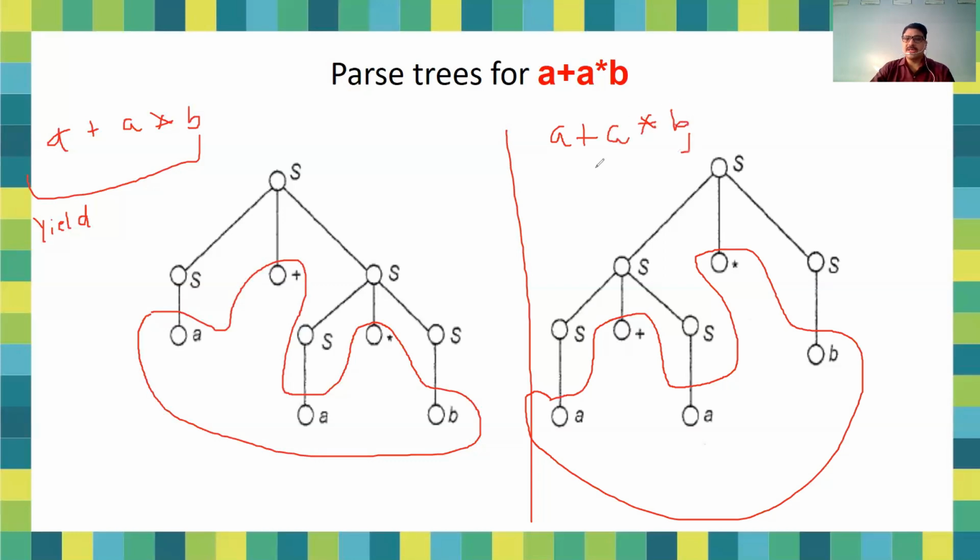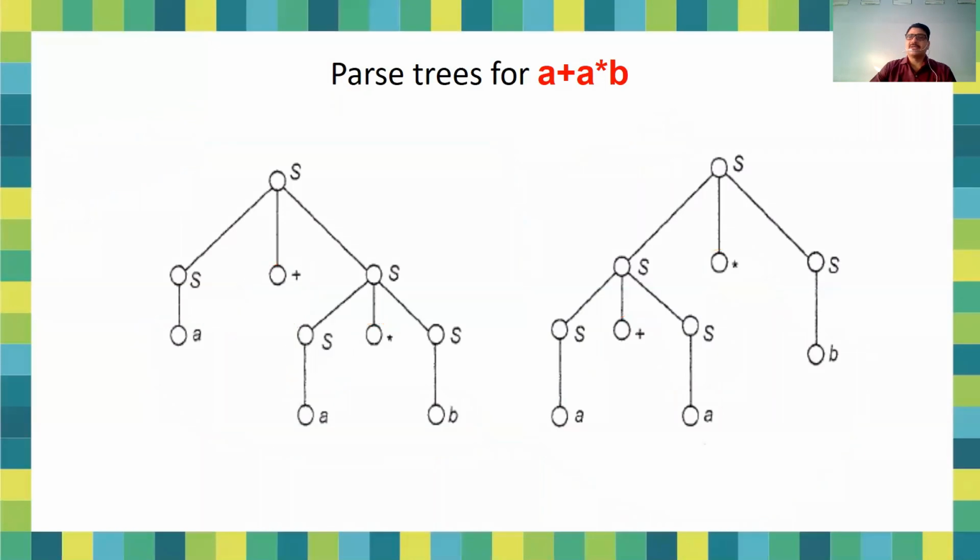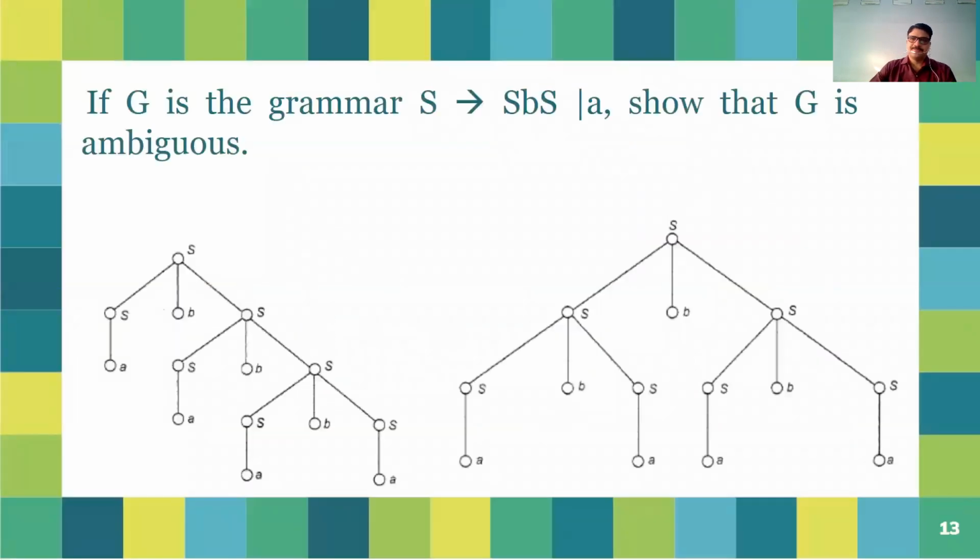So from both the parse trees, you will get the same string. That means for the same string you have more than one parse tree. So we can declare simply that the given grammar is ambiguous, right?